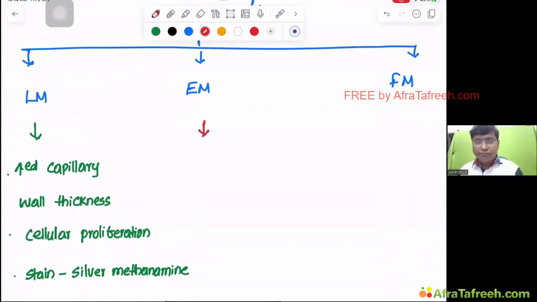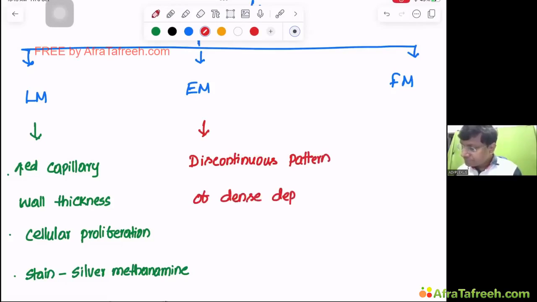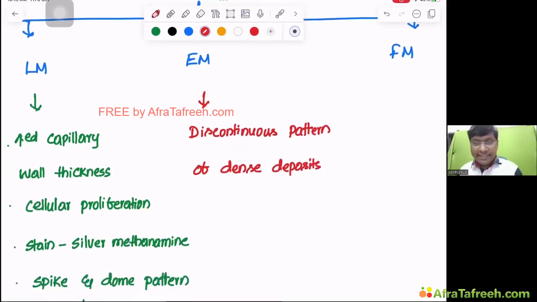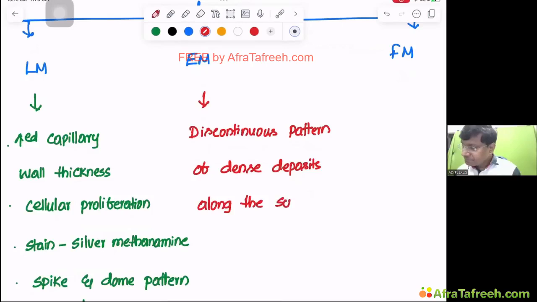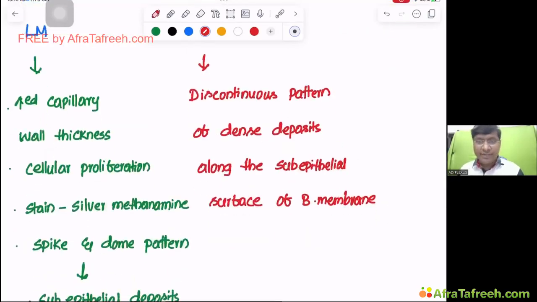In the electron microscopy, you will observe a discontinuous pattern of dense deposits along the subepithelial surface of the basement membrane. Okay, so that is what you will observe in the electron microscopy.